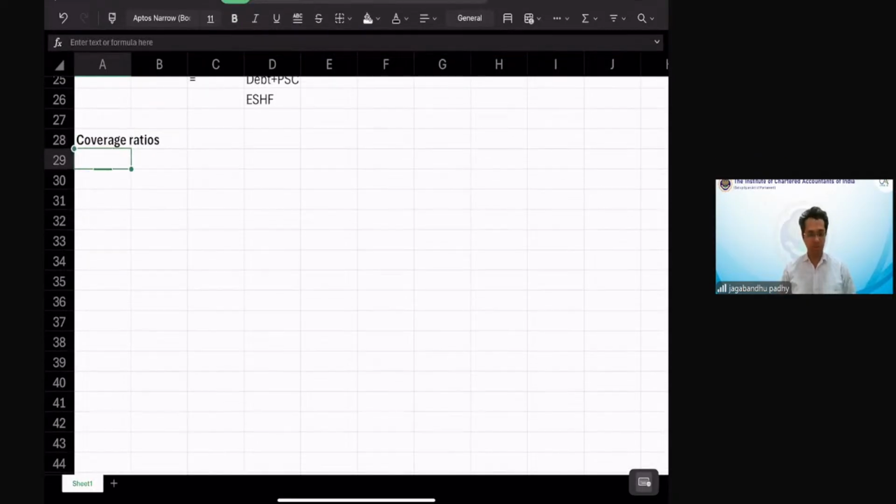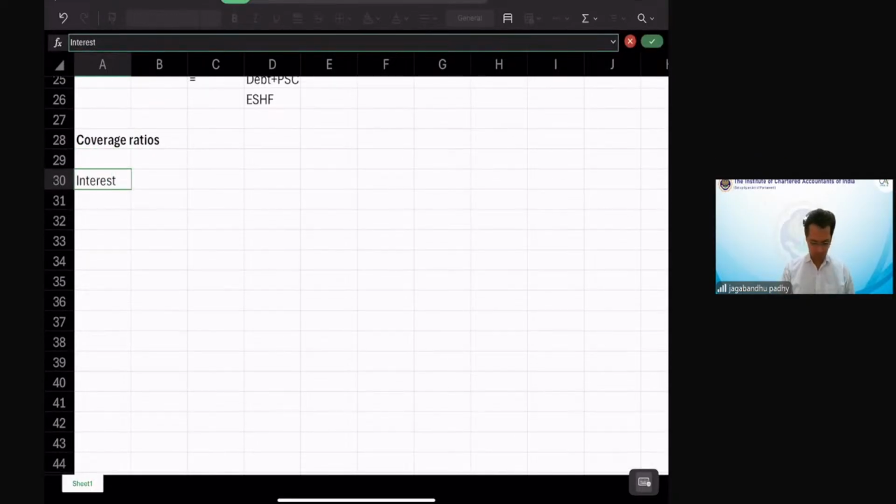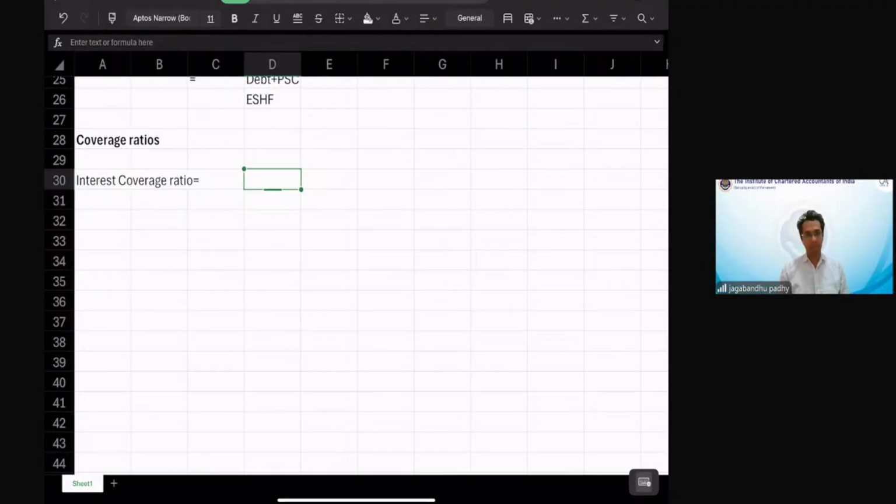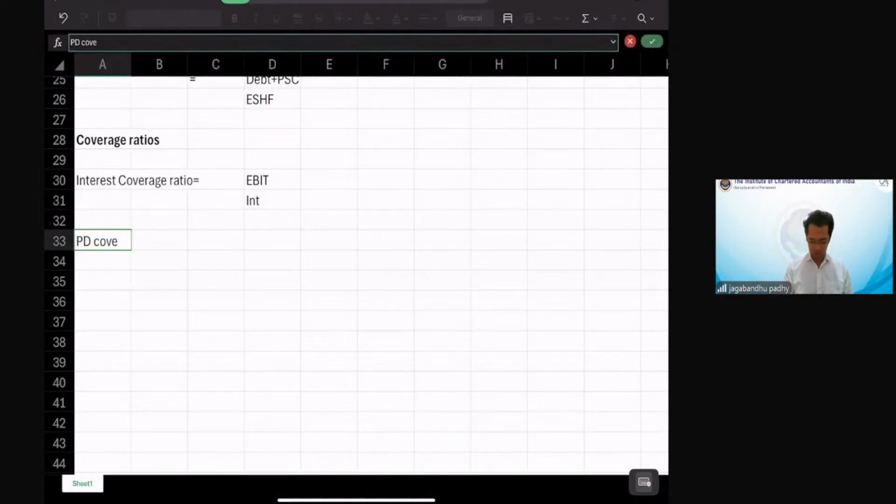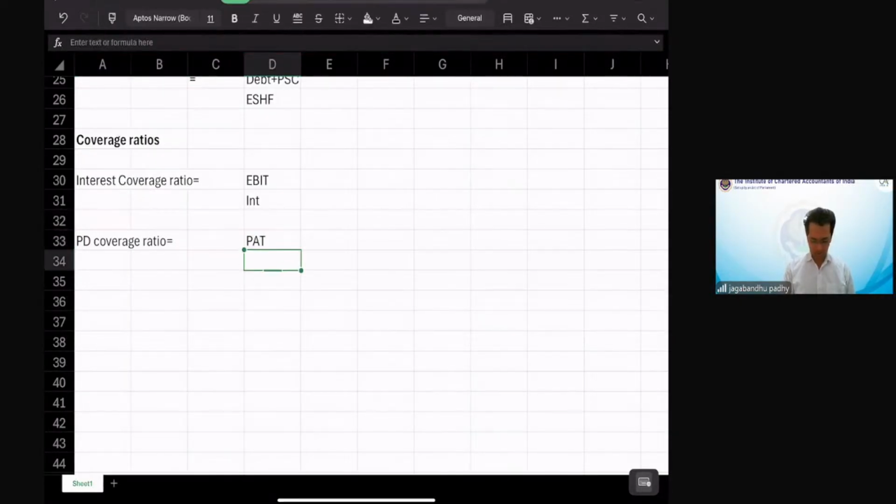First is interest coverage ratio. Interest coverage ratio will be EBIT upon interest. Right? Preference dividend coverage ratio, that will be, sorry, not preference dividend, PAT upon preference dividend.